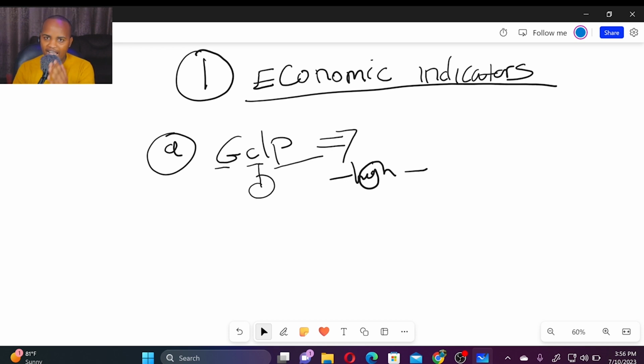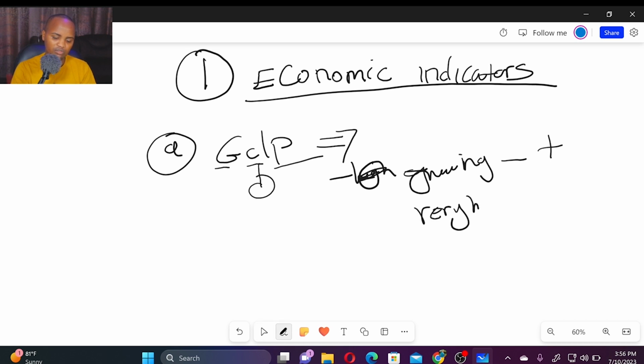So growing GDP is positive, but very high GDP will cause a negative impact, because it will cause inflation.